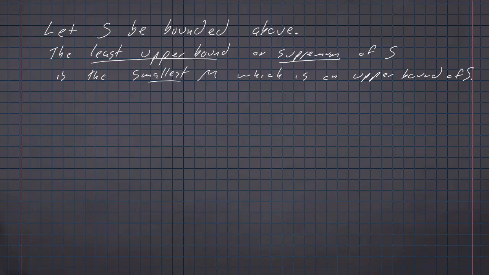The least upper bound is the one for which there are no smaller numbers that are also upper bounds. We will denote the least upper bound of set S as LUB. I've heard people call it the lub. I don't recommend it, but I've heard people say it.